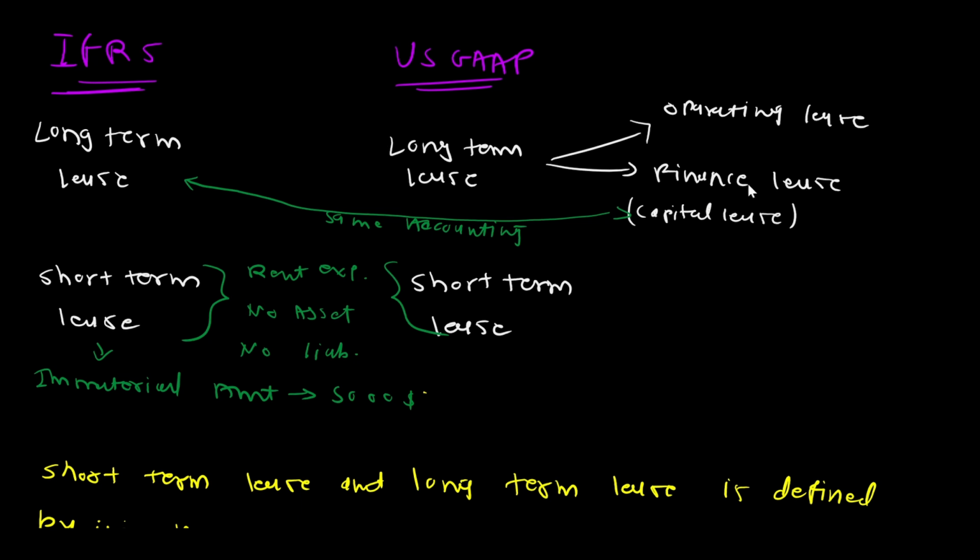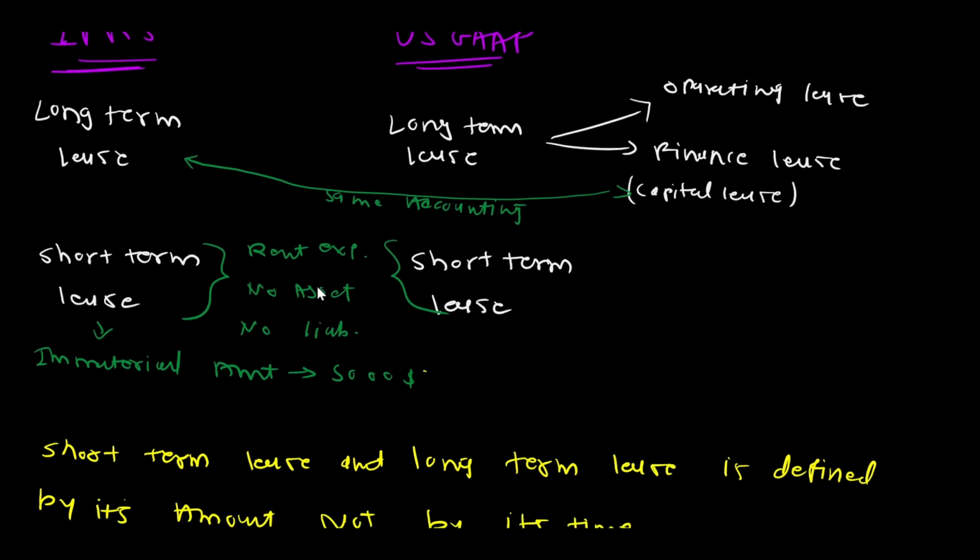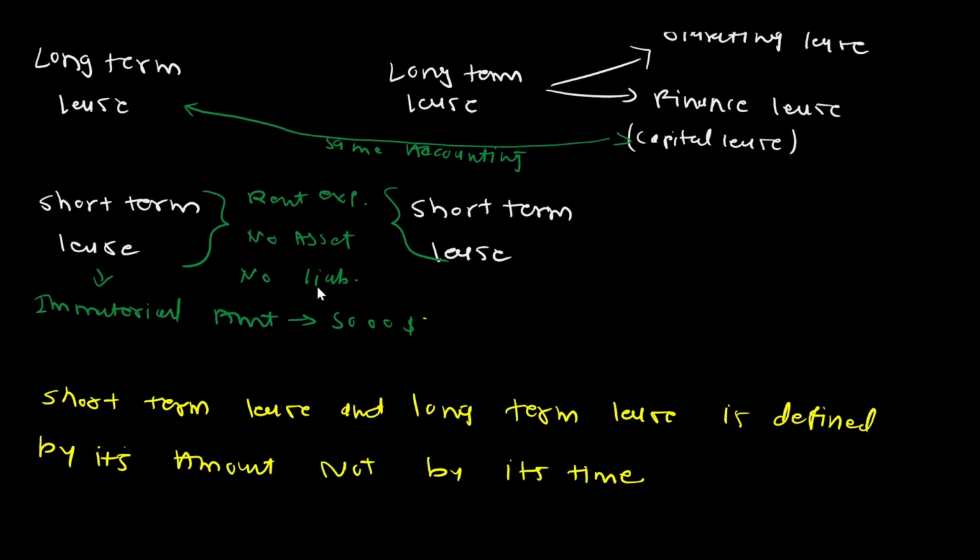Finance lease is also called capital lease, and the finance lease of US GAAP and the long-term lease of IFRS are both the same. In a short-term lease, no rent expense is shown as an asset, no asset is created, no liability is created.